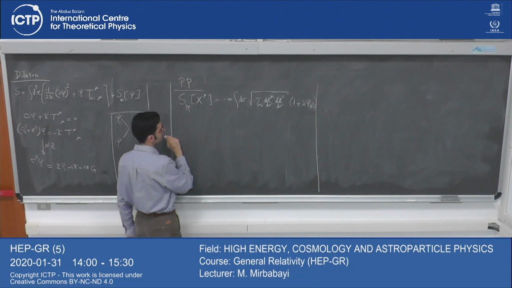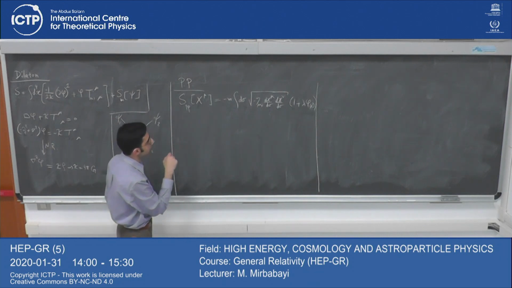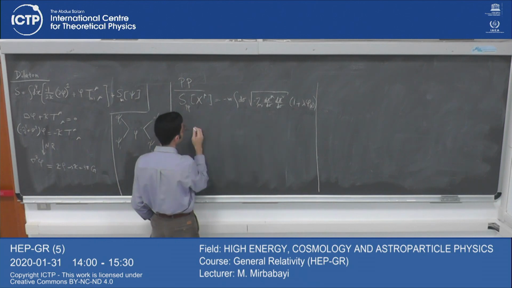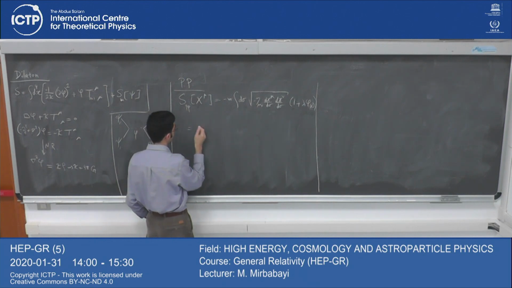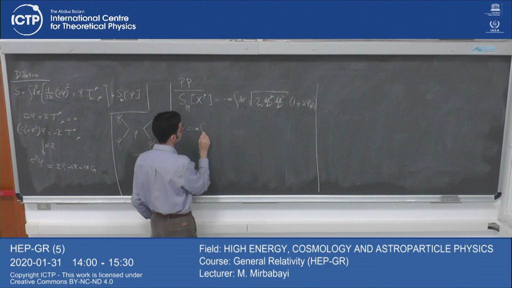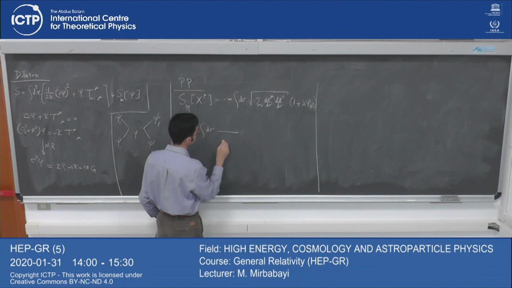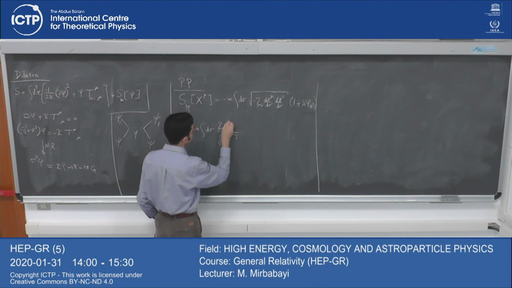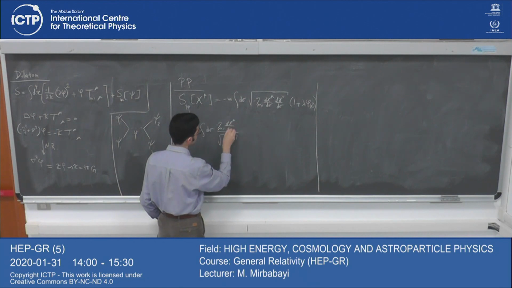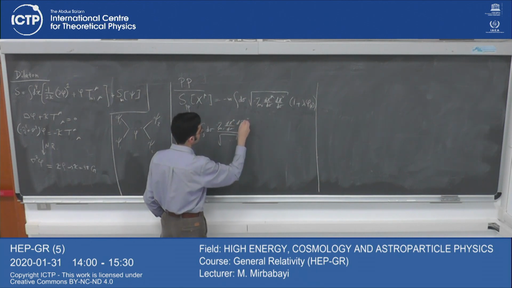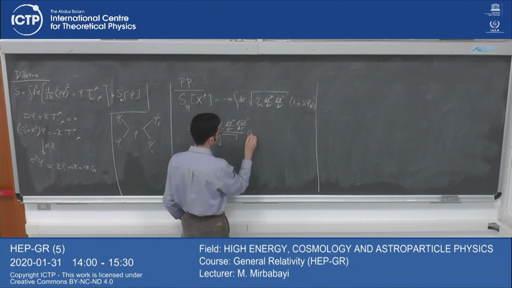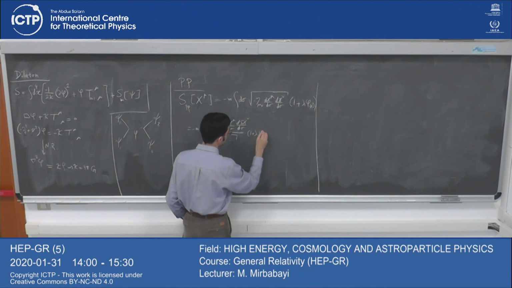So if we vary this, we get the following equation of motion. There is a part that comes from the variation of the square root as before. So let's do it explicitly. d sigma, the same square root, minus eta mu nu dx mu d sigma d delta x nu d sigma, times 1 plus lambda phi.